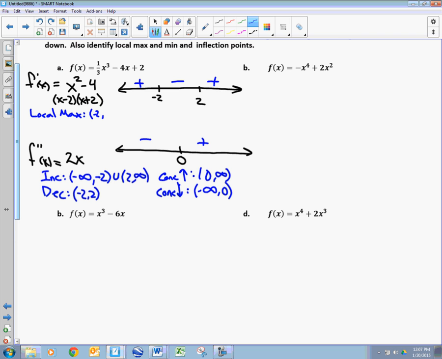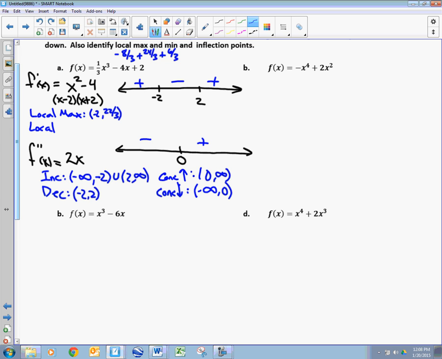Let's find the y value for your local maxes and mins. How do you find the y value? Plug it in, and you get negative 8/3, plus 8, so plus 24/3, plus 2, which is 6/3, which is 22/3. You're going to have to do that arithmetic on your calculator or some way.